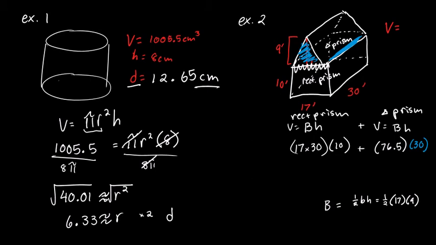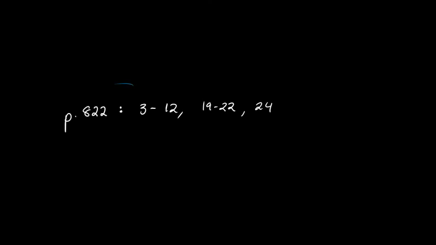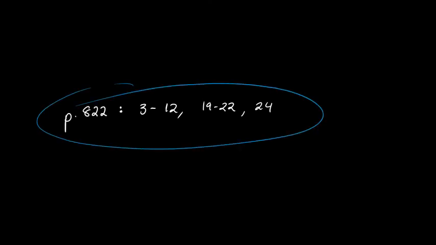So when I multiply all of these together and add the volumes, I'm going to get 5,100 feet cubed over here, plus 76.5 times 30, which is 2,295 feet cubed as well, plus the 5,100, for a total of 77,395 feet cubed.